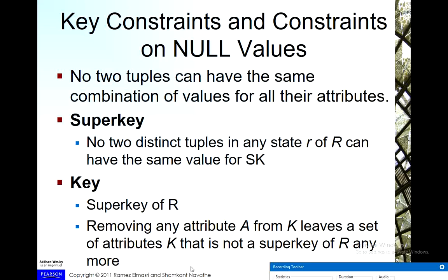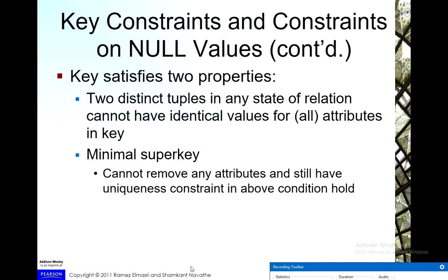Two distinct tuples in any relation cannot have identical values for all attributes in the key, and also you cannot remove any attribute and still have the same uniqueness in the condition above. So you cannot have them as null. You cannot have a primary key that is null.